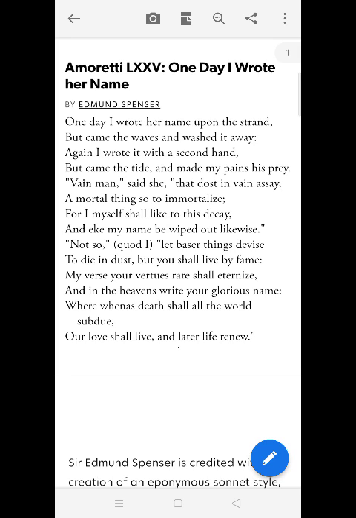in inverted commas, "when men said see, that durst in vain essay, a mortal thing so to immortalize, for I myself shall lie to this decay, and eke my name be wiped out likewise."